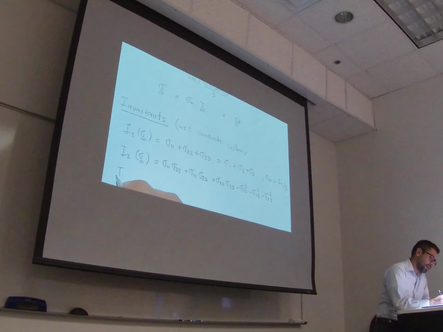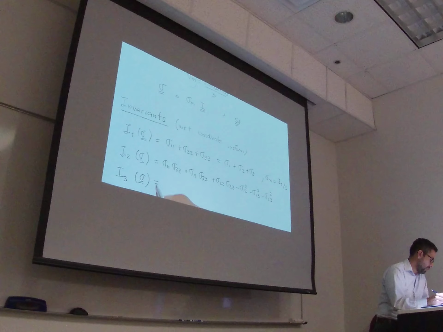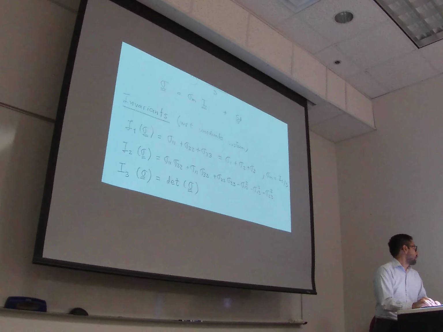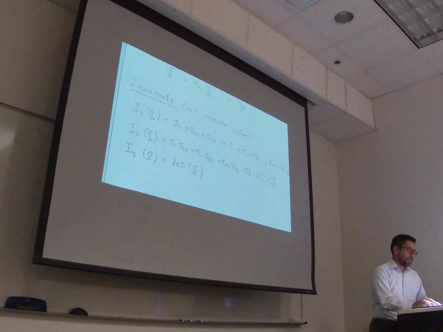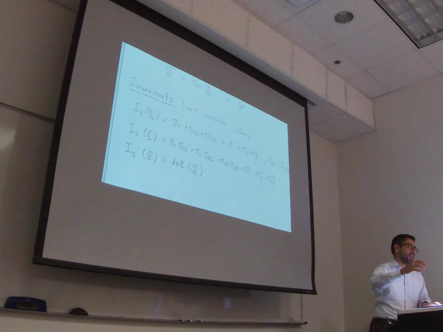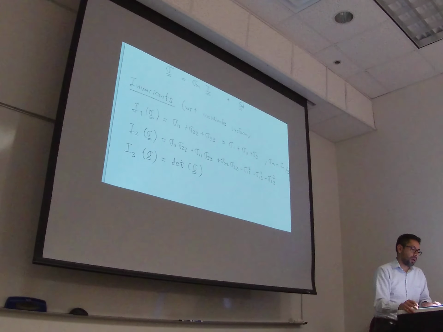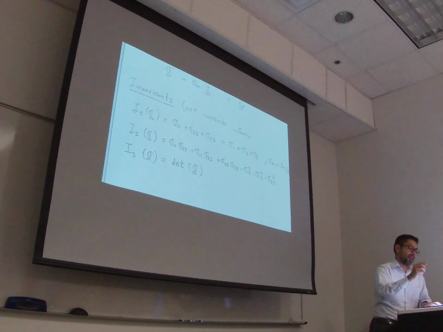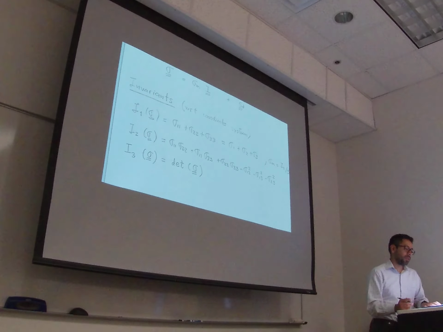And there's going to be a third invariant, which is equal to the determinant of this matrix. And that invariant also quantifies how different the values are with off diagonal and diagonal, but it's a little bit more difficult to visualize than the other ones.